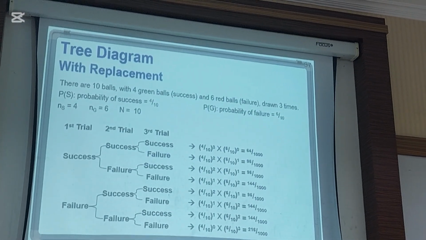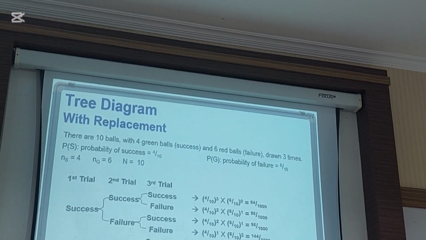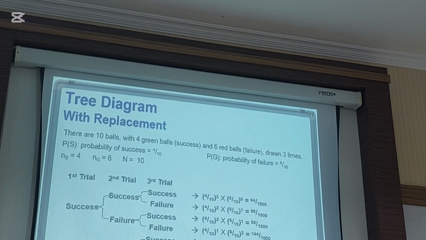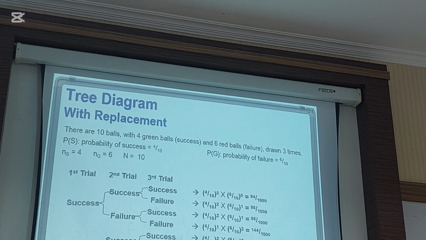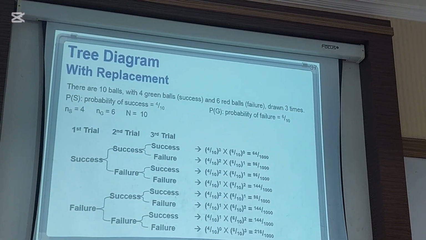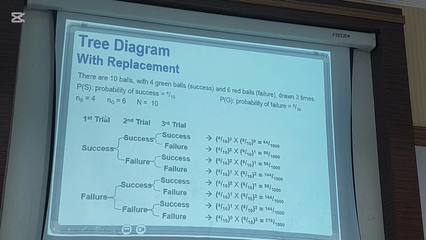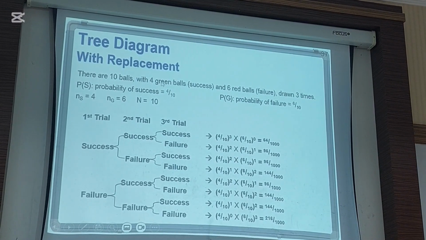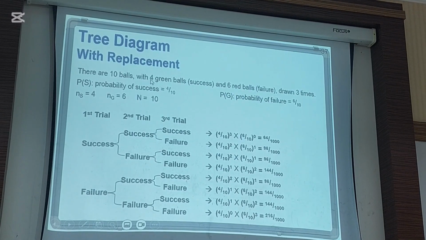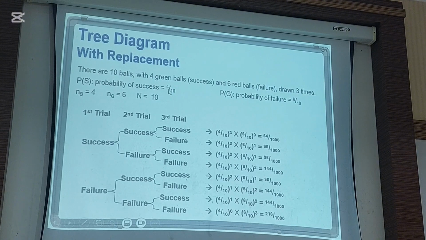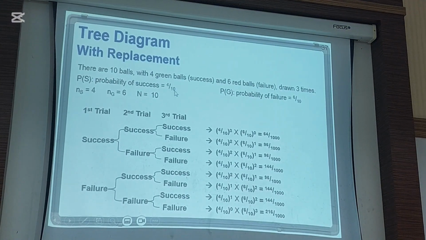There are 10 holes with 4 success. If we meet 4 holes, this is a success, and 6 red holes we define as a failure, from 3 times. This is the probability of success: 4 divided by 4 plus 6, which is 10.